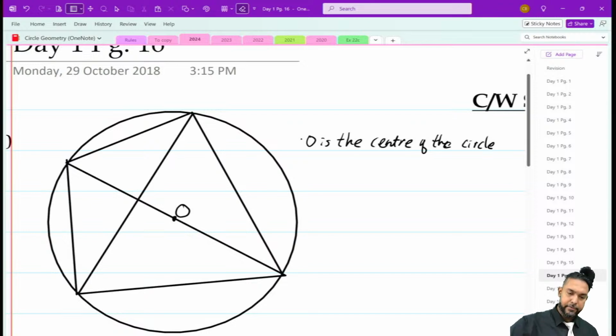All right, so we have P, Q, R, and S. And this point here is point E.